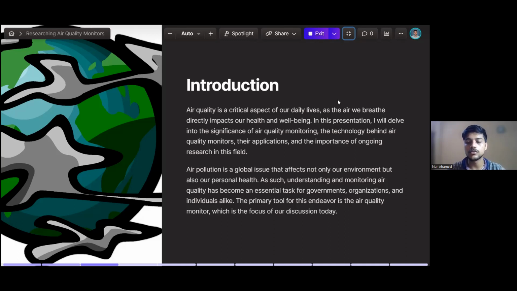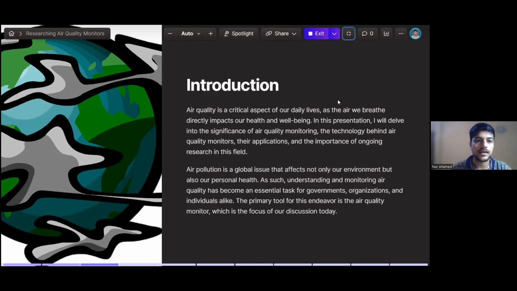Pollution is a global issue that affects not only our environment but also our personal health. As such, understanding and monitoring air quality has become an essential task for governments, organizations, and individuals alike. And the primary tool for this endeavor is the air quality monitor, which is the focus of our discussion today.